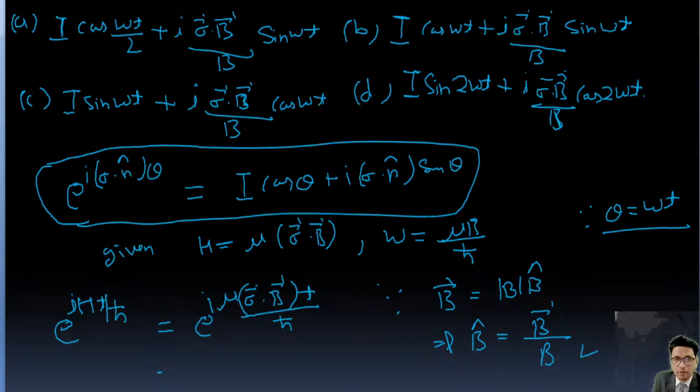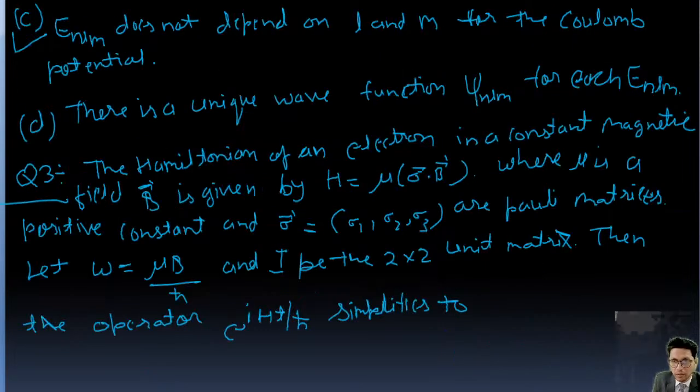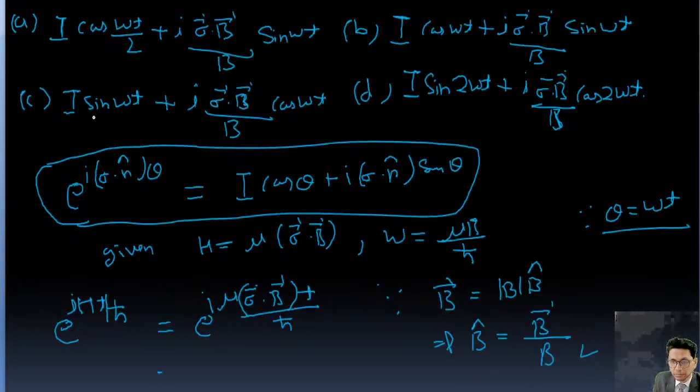Okay, so iota mu, in place of b we are going to write b into b cap, right?